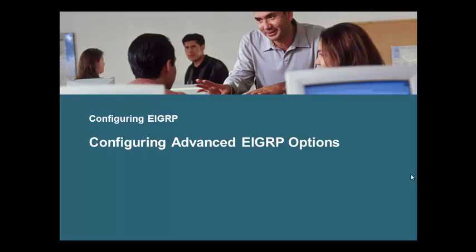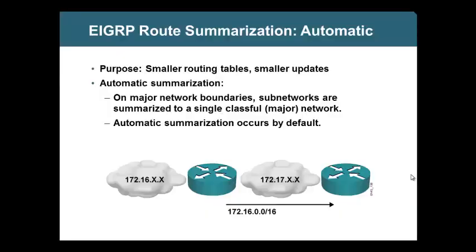Now let's see what is there in this advanced configuration EIGRP option. Summarization is of two types here. One is auto summarization, the other one is manual summarization.